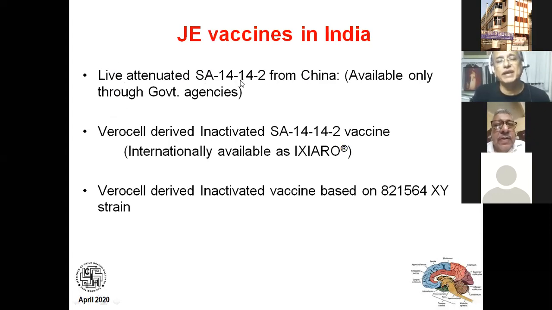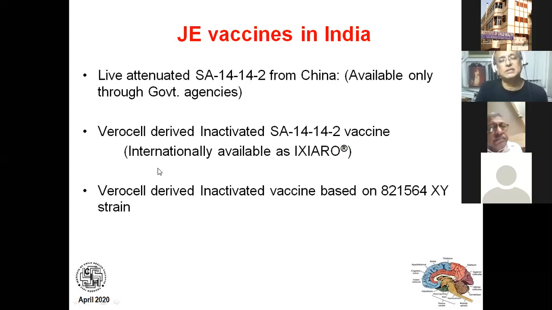The same virus was taken up by an international company, Exiro, and this virus was grown in the kidney cells of the vervet monkeys. Hence, it is known as Vero cell-derived virus. Then it was inactivated, or the virus was killed by adding formaldehyde, and a vaccine was developed.